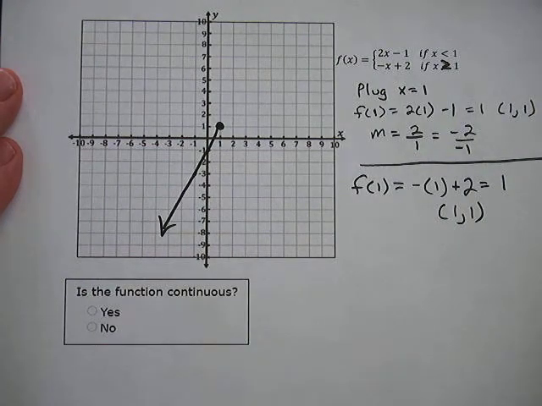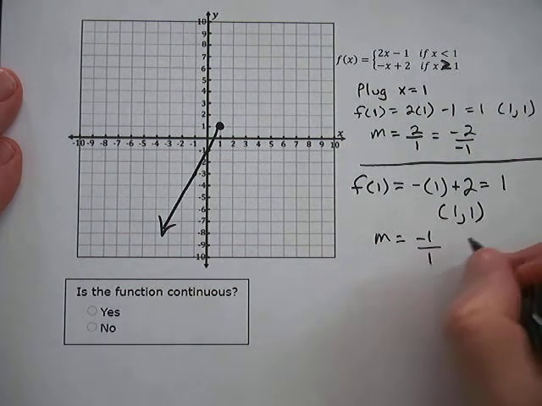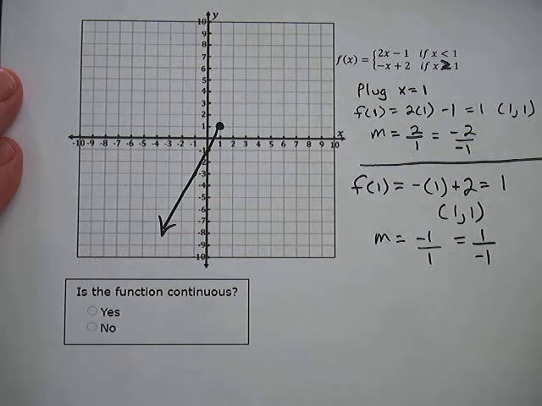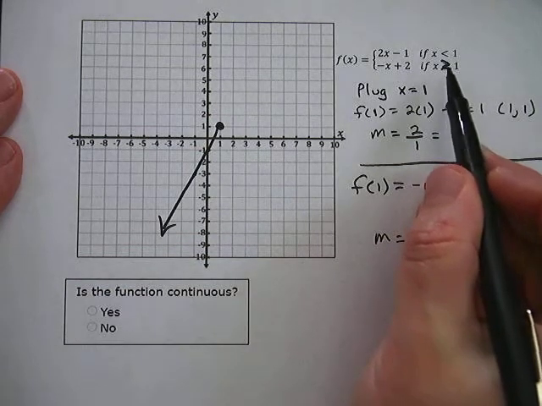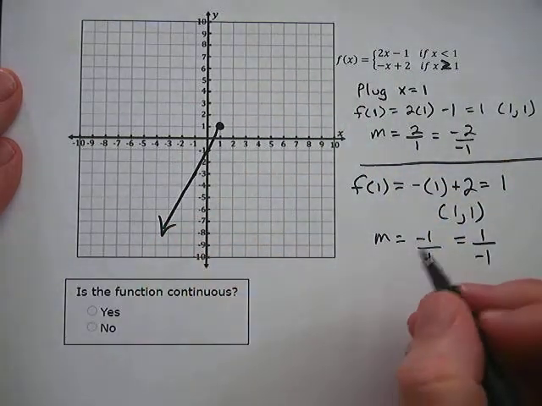Okay. And now I can use the slope. Notice the slope is the number in front of x. So m is equal to negative 1 over 1, or it could be written as 1 over negative 1. Both of those are the same. Okay. And this says x has to be greater than 1. So I need to go over here to the right. Okay, so which one do I use?